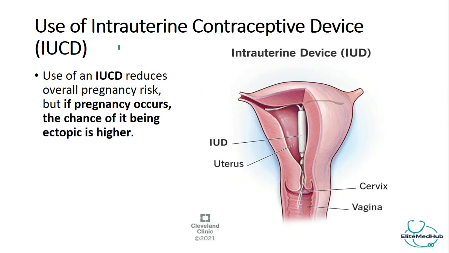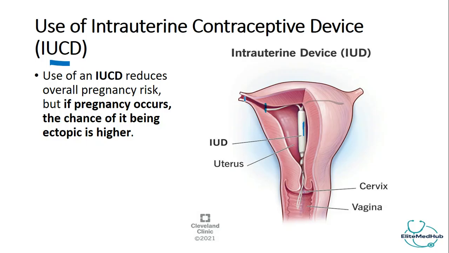Let's move to the next one, which is use of intrauterine contraceptive device, IUCD. Use of IUCD reduces overall pregnancy risk, but if pregnancy occurs, the chance of it being ectopic is higher. So you see this is an IUCD device. You can see it blocking the fallopian tubes here.